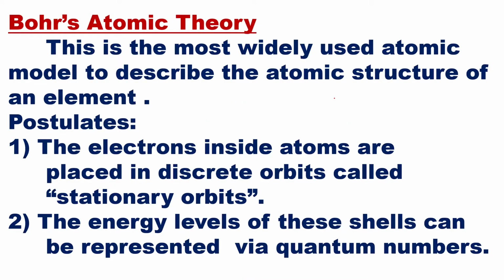According to Bohr atomic theory, which is the most widely used atomic model to describe the atomic structure of an element, the postulates are: number one, the electrons inside atoms are placed in discrete orbits called stationary orbits. Number two, the energy levels of these shells or orbits can be represented via quantum numbers.